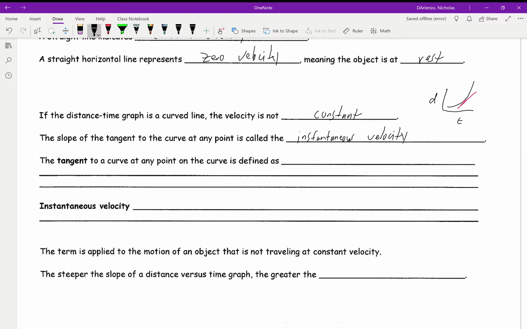The tangent to a curve at any point on the curve is defined as, and this should hopefully be review, the line passing through the point of interest and having the slope of the curve at that point.